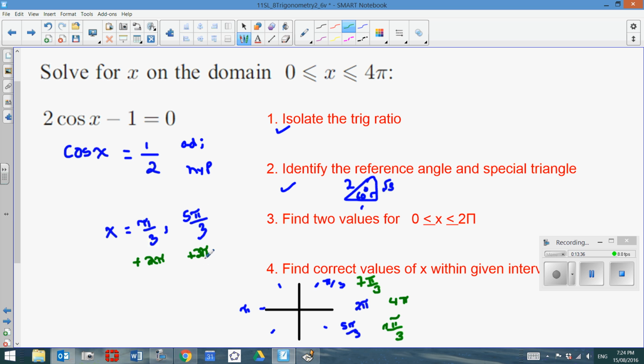Remember, 2 pi would be 6 pi/3, so I end up with 7 pi/3, and then I add on and I get 11 pi/3. So I actually wind up with 4 answers because my window now goes out to 4 pi instead of just 2 pi. So we have pi/3, 5 pi/3, 7 pi/3, and 11 pi/3.